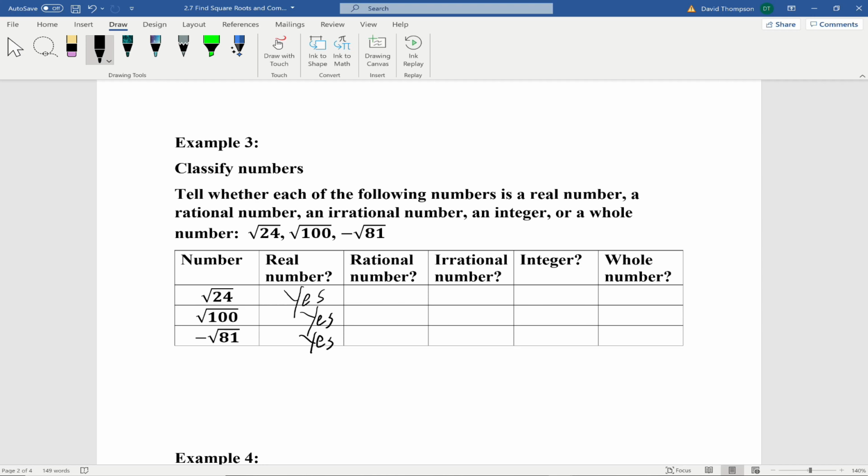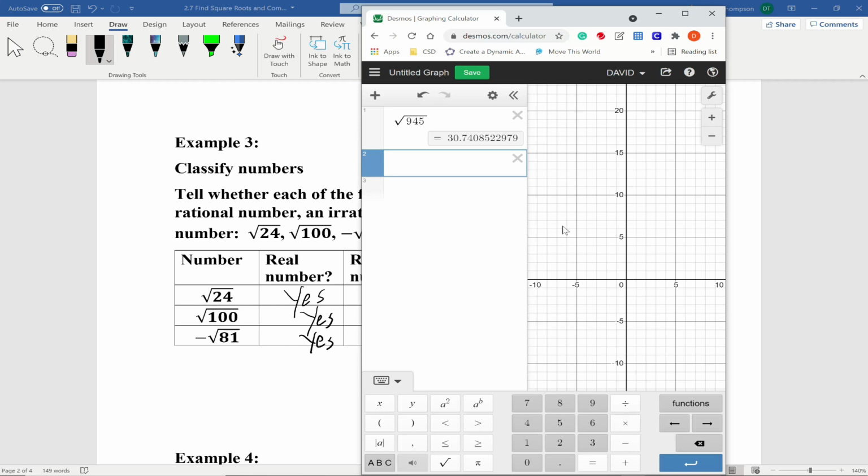To figure out whether they're a rational number, they'd have to have a pattern to the decimal or work out to be a whole number. So let's pull up our Desmos calculator and let's get to work. So square root of 24. That's 4.898979485557.